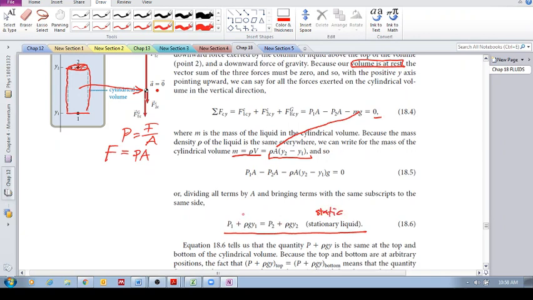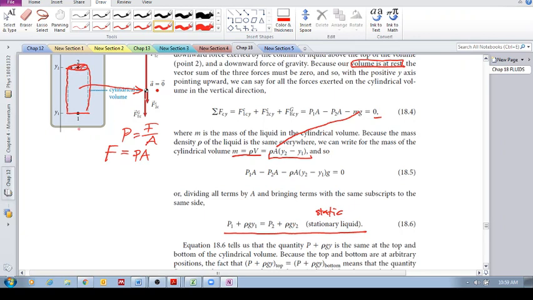So what is this telling us? At point 1, we have P1 plus rho g y1 is equal to P2 plus rho g y2.